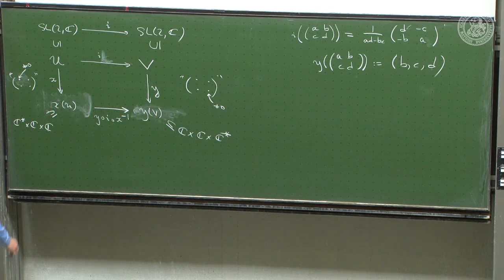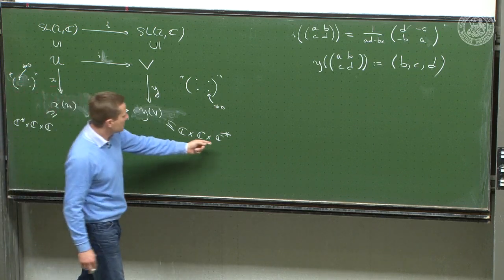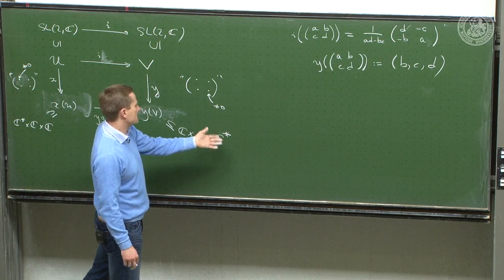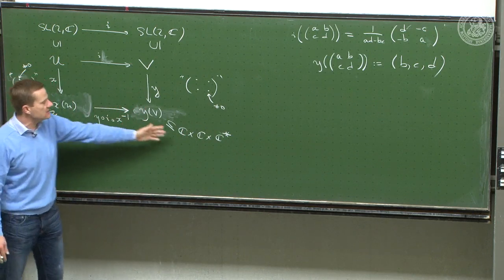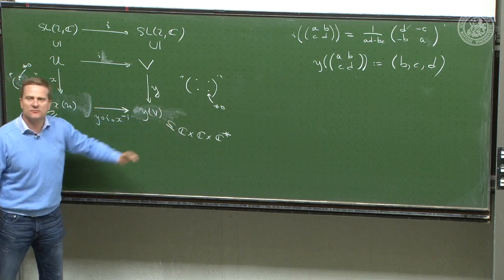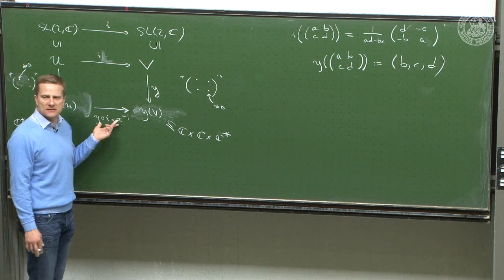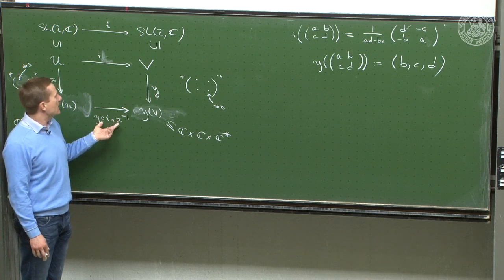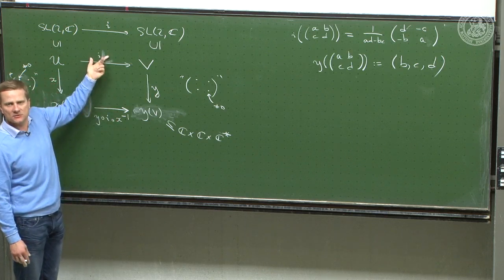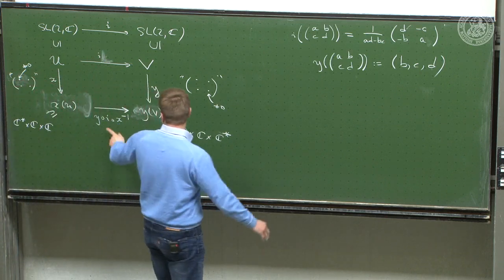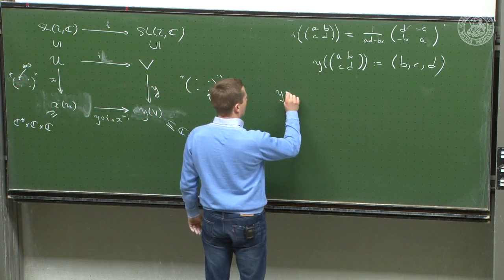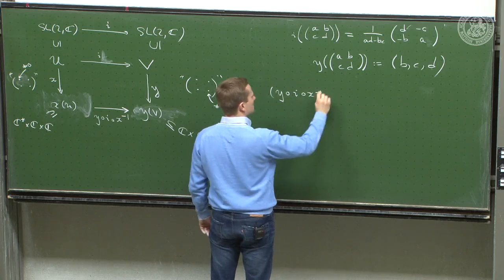And the nice thing is, this guy here is now a map from some open region of this guy to this guy. And of course, I can also forget about the star. It doesn't matter. It's a map from some region of C3 to some region of C3. And I can ask with standard analysis techniques whether this map is differentiable. Okay? And then I call this map up here differentiable. Okay, so let's do this. Let's construct this map. So let's look at Y after I after X inverse.